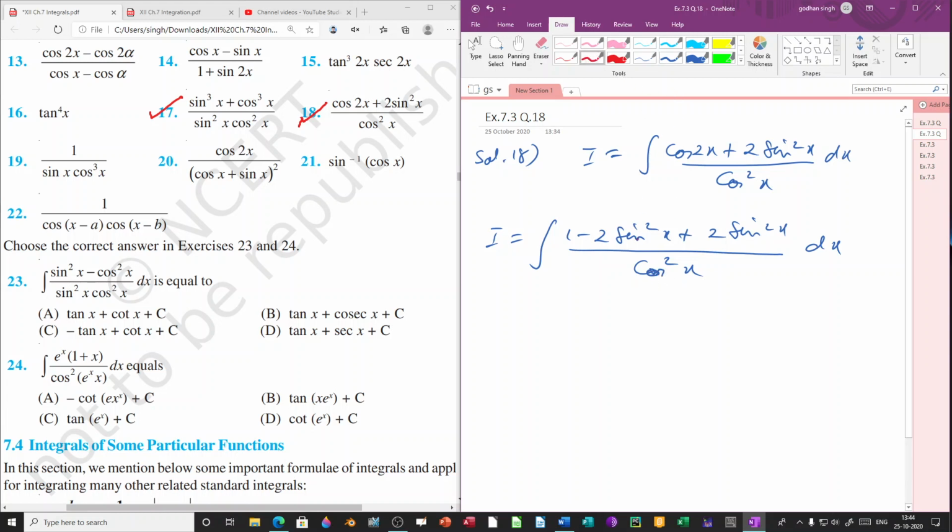And we can cancel out minus 2 sin square x and plus 2 sin square x. So, remaining we will have I equal to integration of 1 by cos square x, that is sec square x dx. We know the integration of sec square x is tan x. So, I equal to tan x plus c. So, this is the solution of question number 18.